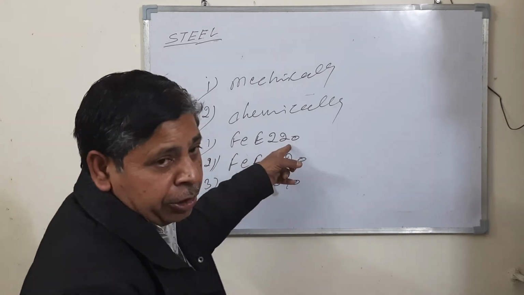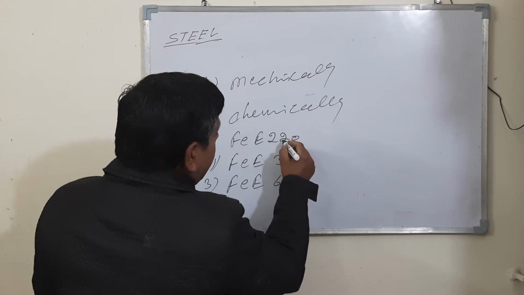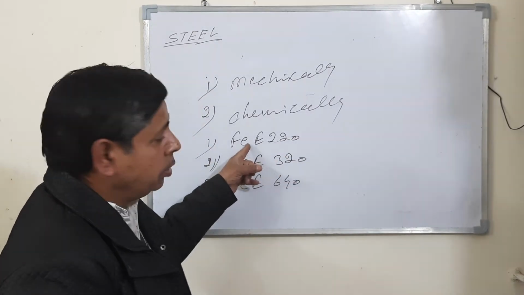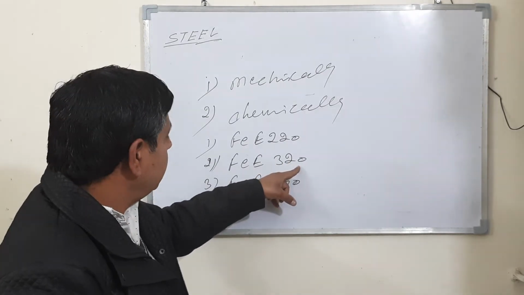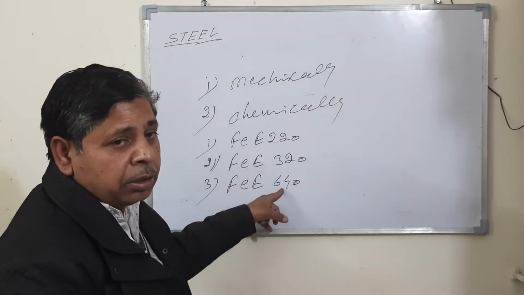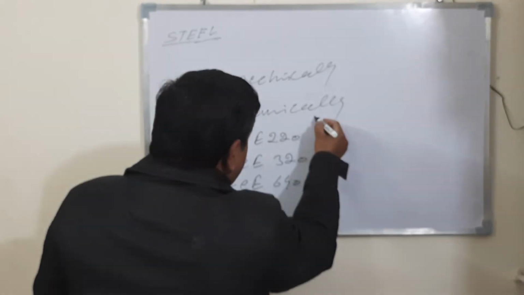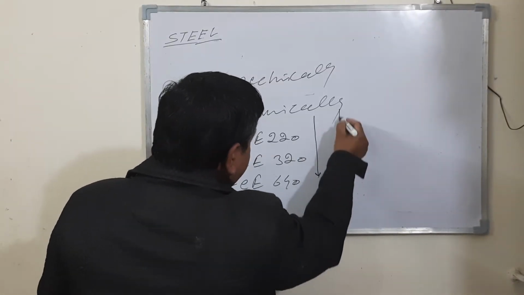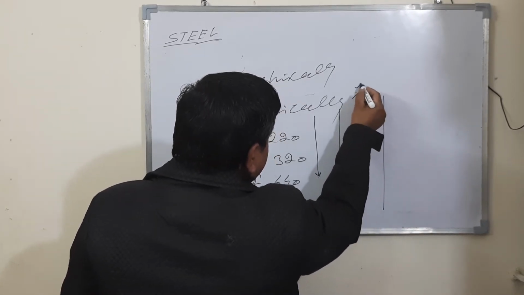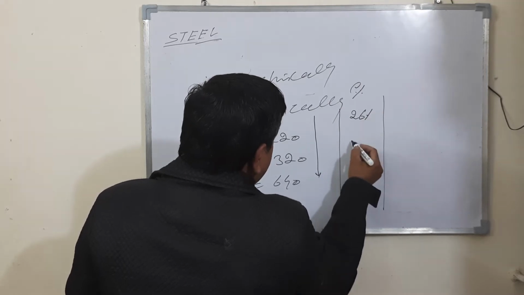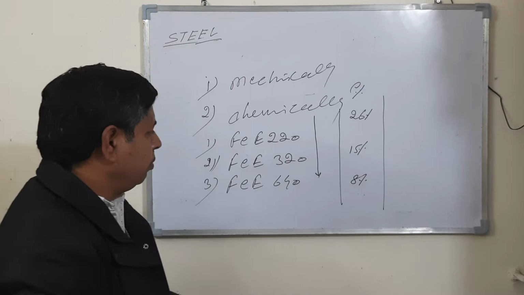What is the meaning of this 220? This metal has a 220 yield strength. This number is 320 yield strength. This metal has a 640 yield strength. The number is increasing in this order. So the elongation percentages are 26%, 15%, 8%.